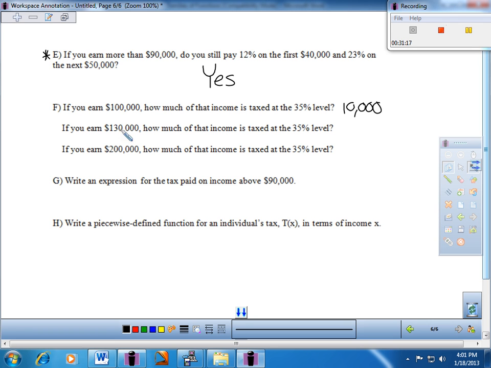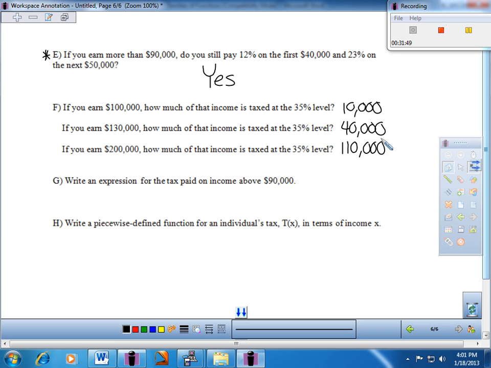So if we make 130,000, not all of it is taxed at this level right here, just the money above 90,000. And so think about it. If I take this and just subtract 90,000, I get that right there. Keep that calculation, by the way, in the back of your mind. How about this one? If we make 200,000, again, not all of it is taxed at the 35%, only the money above 90,000. And that's how much of it is above 90,000.